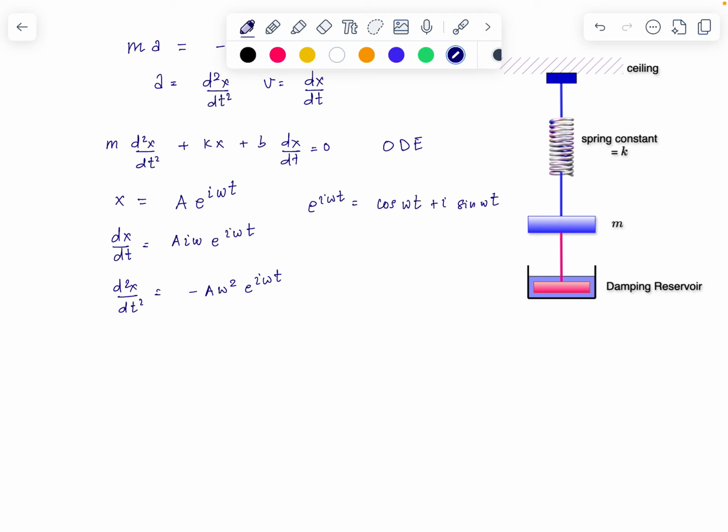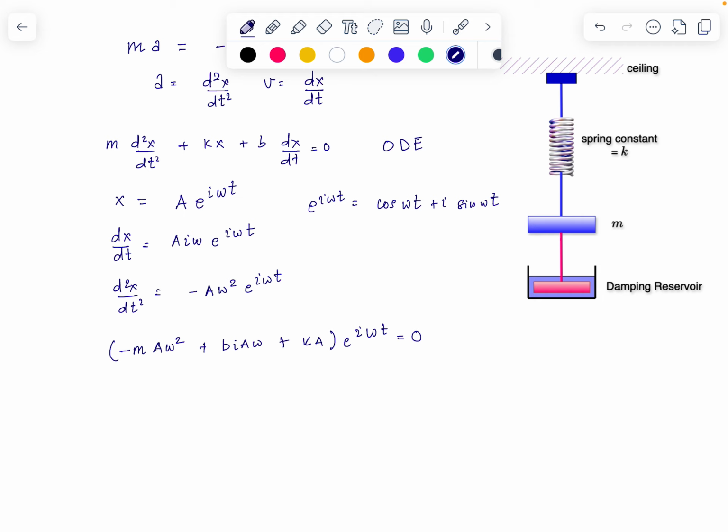What we get here is minus m times a times omega square, plus b i a omega, plus k times a, all times e to the power i omega t, and that we set to 0.